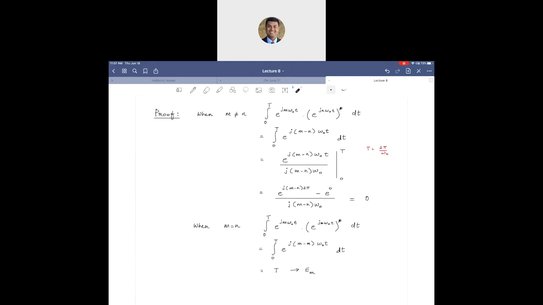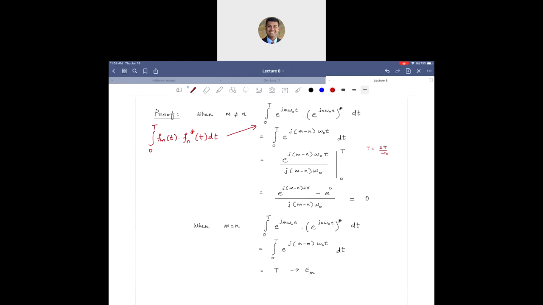That is simply e to the j n omega naught t, conjugated. So if I write down the definition here, we are doing this for f_m times f_n conjugate of t dt, right? So that we are applying that for our orthogonal set of complex exponentials here.